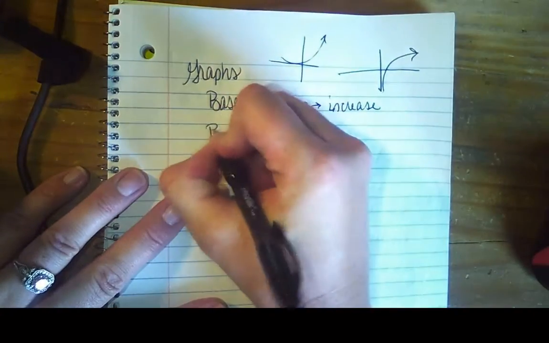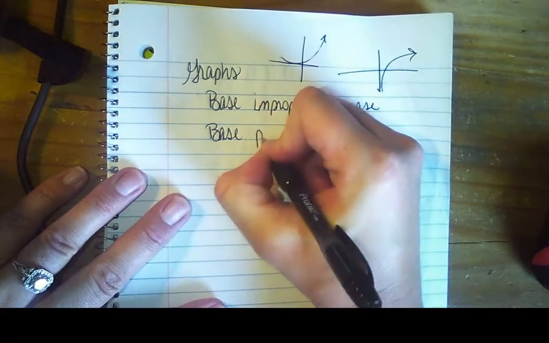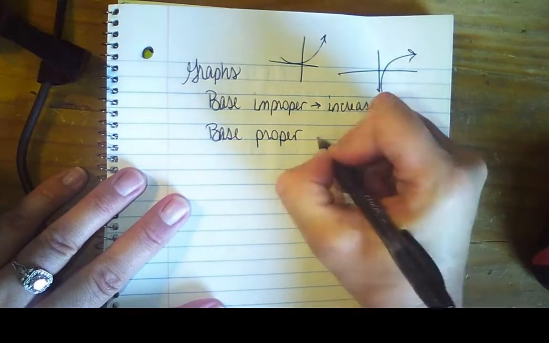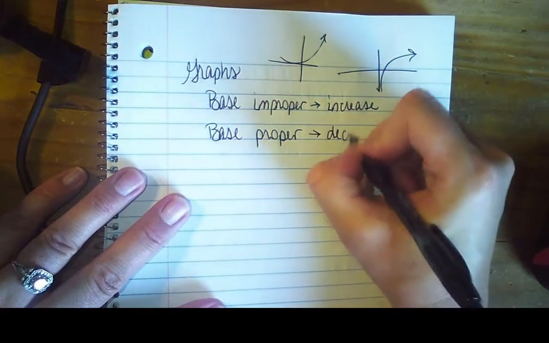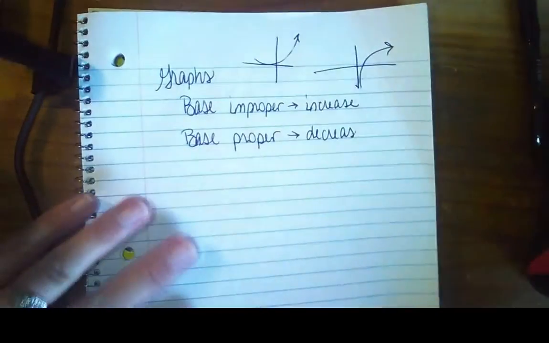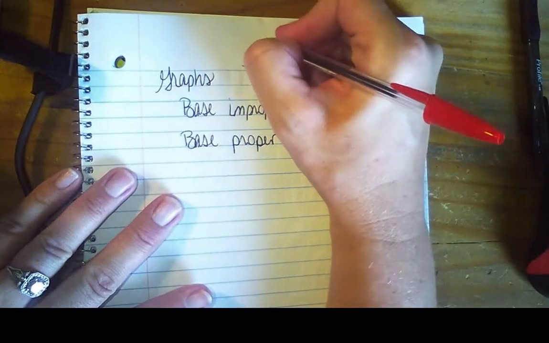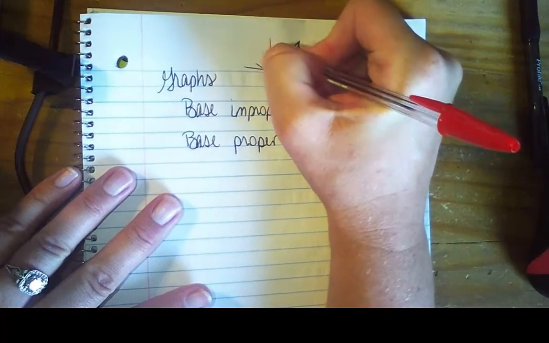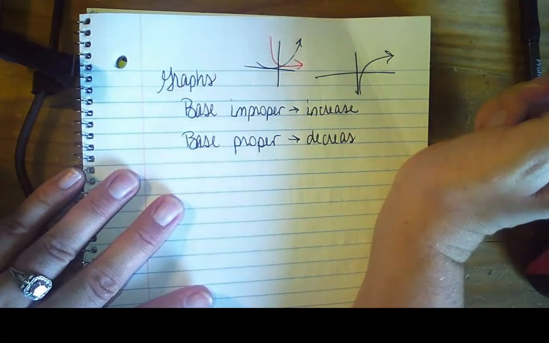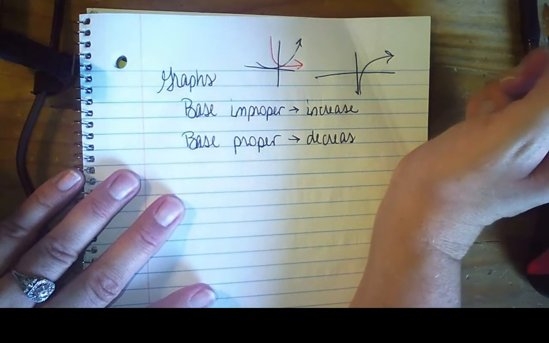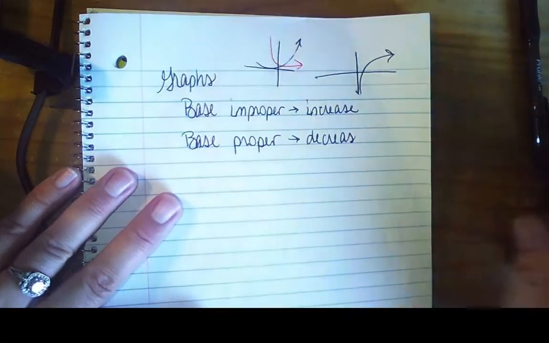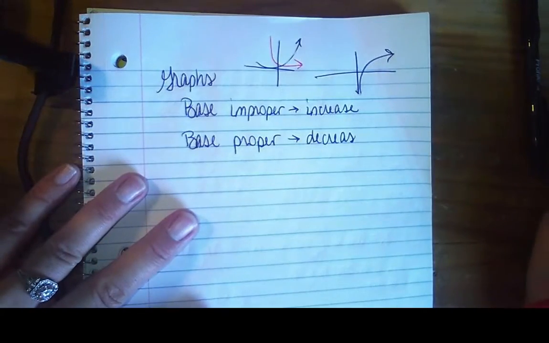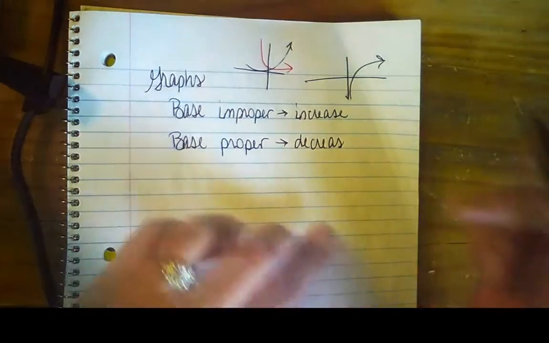If your base is proper, it's going to decrease. So decreasing with an exponential would have looked like that. Decreasing on a logarithm will look like this.